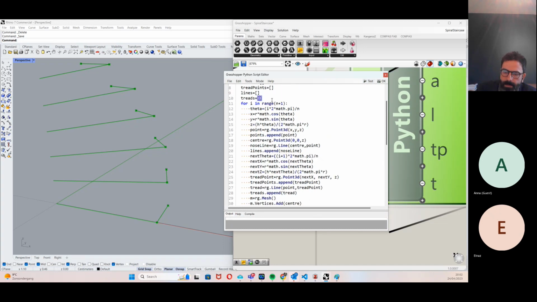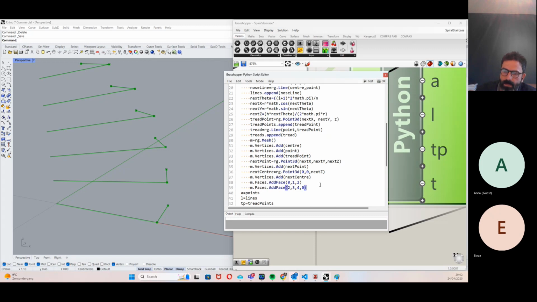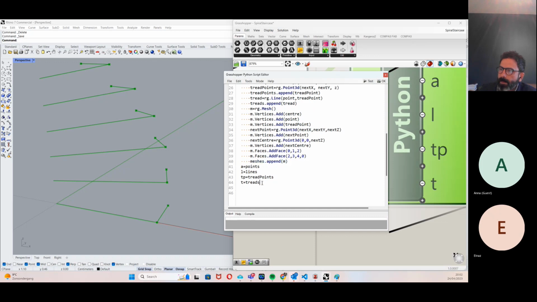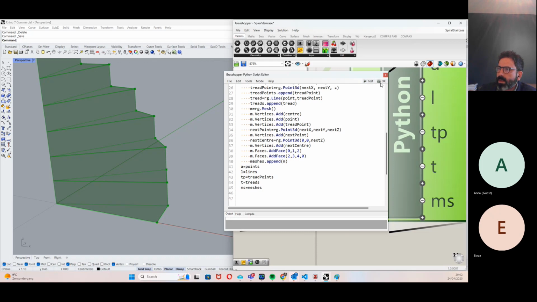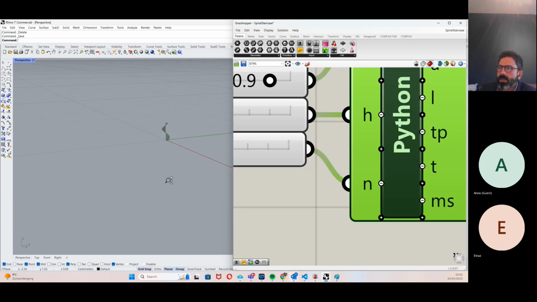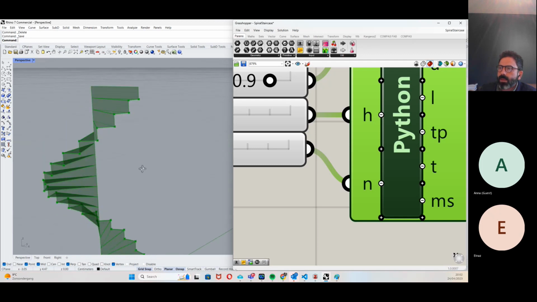Okay. Mesh surface equals meshes. Yes. Perfect.